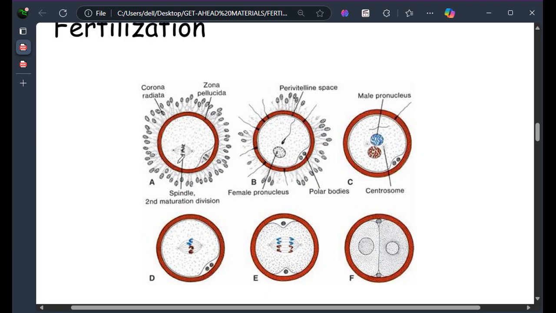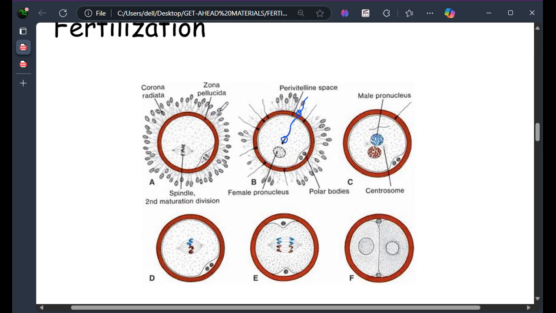In that state, we have the corona radiata and the zona pellucida, those structures that we're able to see, and then the sperm comes. Once it has penetrated these layers and meets the zona pellucida, you're going to have that acrosome reaction happening, and then it's able to penetrate like that, and as you can see, the sperm is in there.